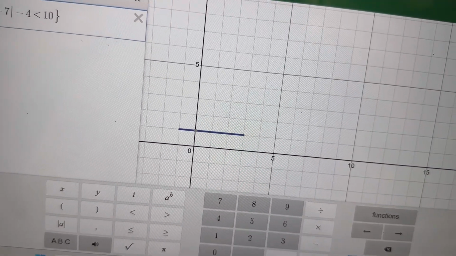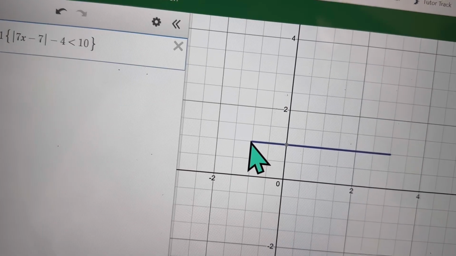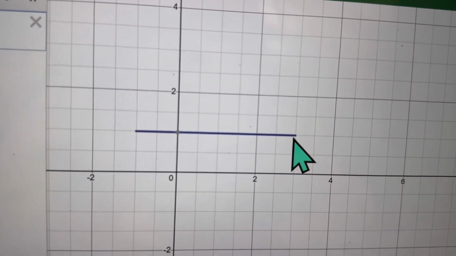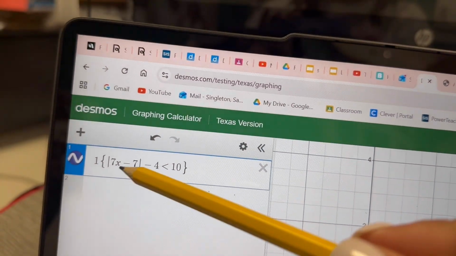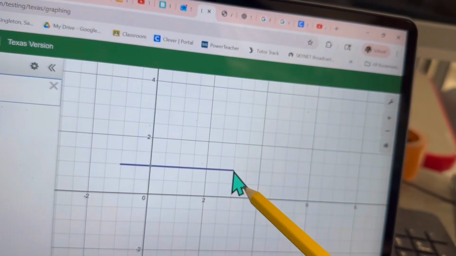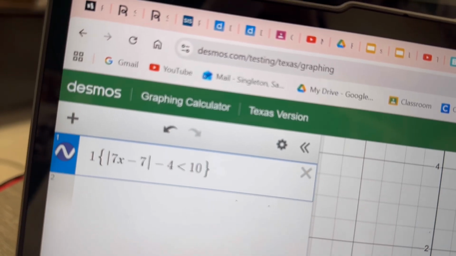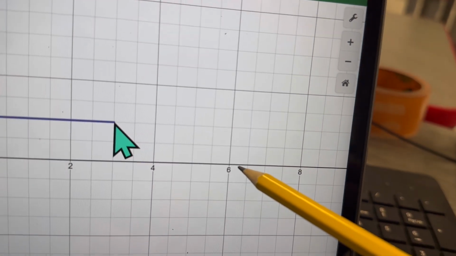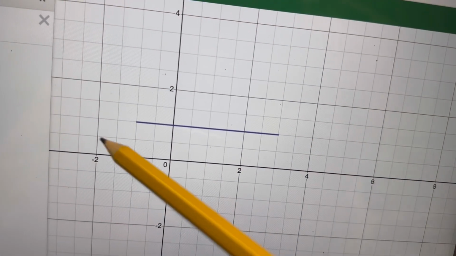So you can zoom in a little bit if you have to. It goes from negative 1 to 3. So any number between negative 1 and 3 works in that expression. Any number that's over here, a 6 or an 8, would not make this inequality true. It would not be less than 10. Like if you try a 6, for example, and you can do this as well in your test. Not everything needs to be cheat codes.